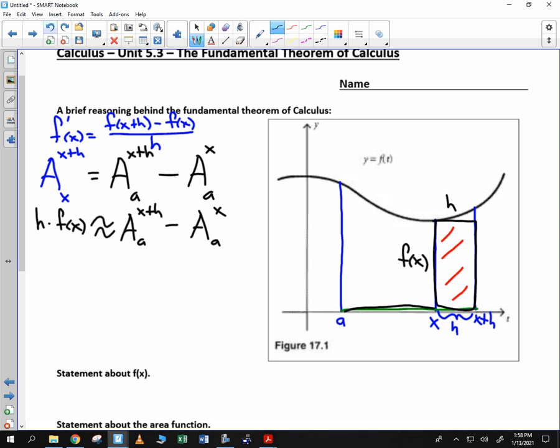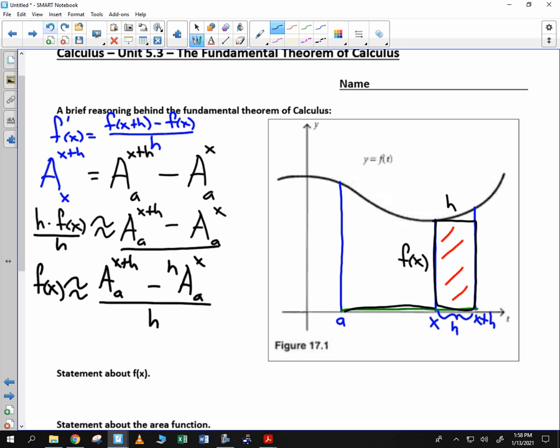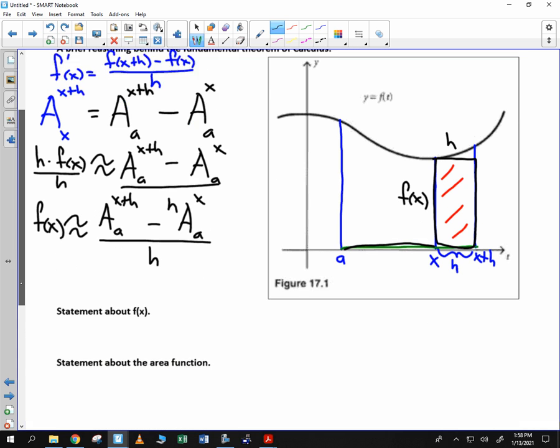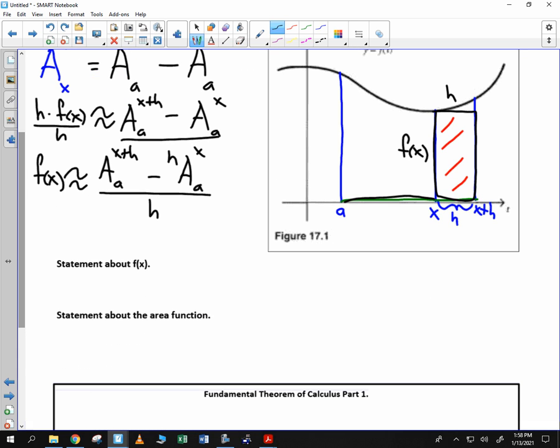What's interesting here is we divide by h, you get f of x is approximately the area from a to x plus h minus the area from a to x, all over h. And if you draw h closer to x, so you make h closer to 0, it's going to become more accurate.